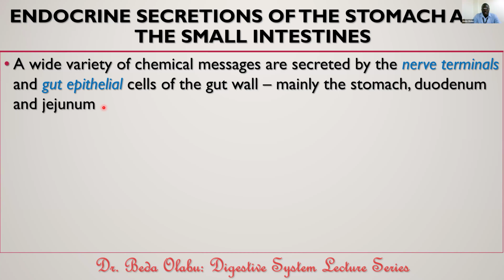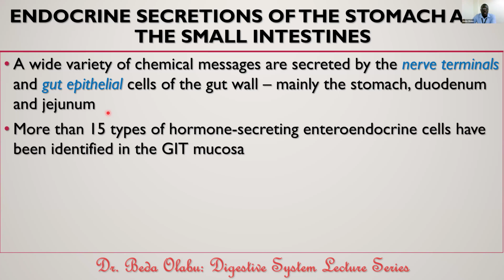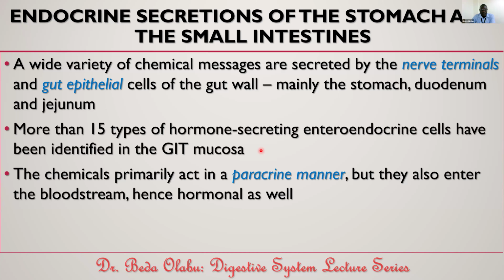The regions where we have much of these hormones would be the stomach, duodenum, and the jejunum. There are several cell types which have been identified in the gut mucosa responsible for producing hormonal substances. These chemicals tend to work in a paracrine manner.